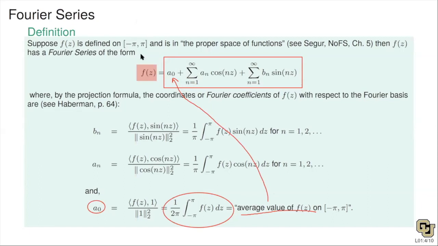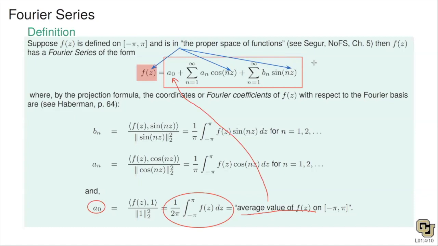Now when you pick an actual z value, that goes in here. It's really the rest of the Fourier series that's now moving into position to compensate from the average.